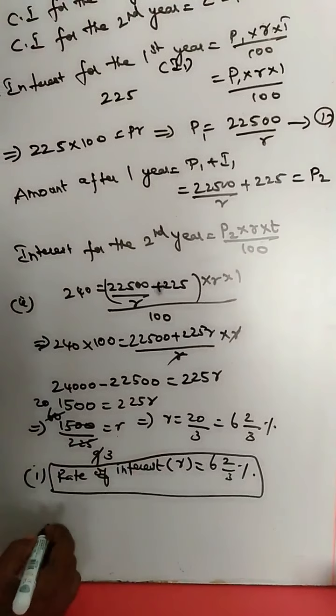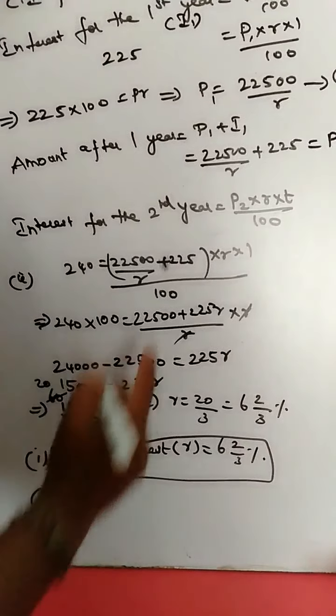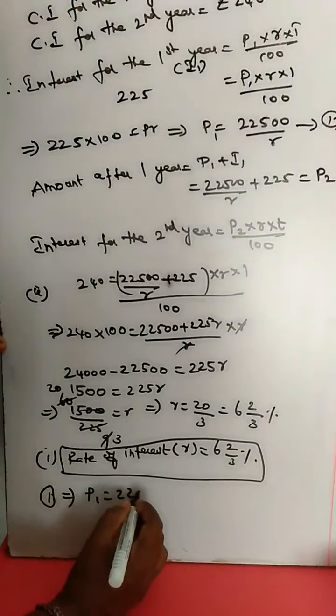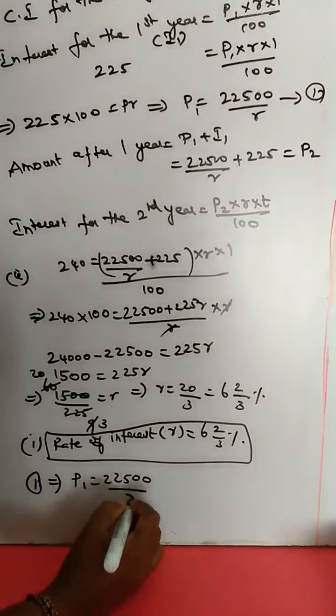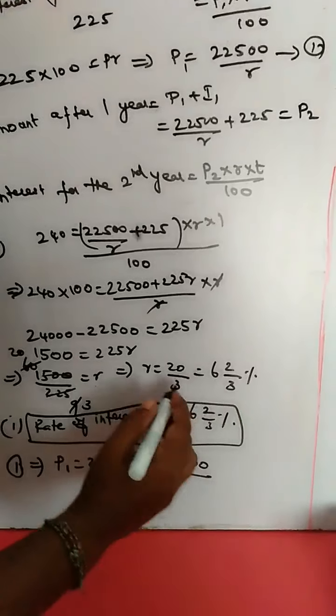Right? Then, next, equation 1 gives P1 equals 22,500 by R, which equals 22,500 divided by 20 by 3.